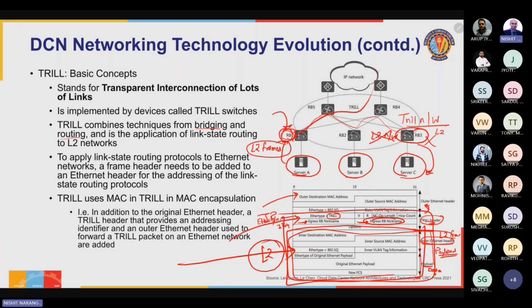The two servers still get to see the same L2 frames that they earlier saw. But a virtual layer 2 network has been created between server A, server B, server C by tunneling traffic through the Trill network. Tunneling is typically characterized by encapsulation, with new headers being put in. So this is what Trill does in an access aggregation core network topology.